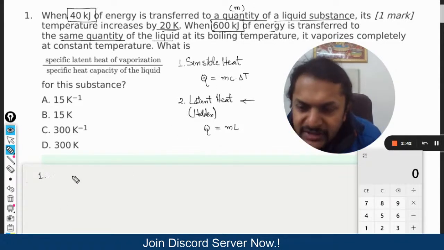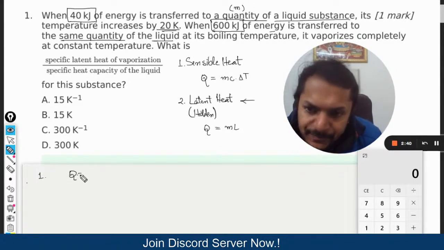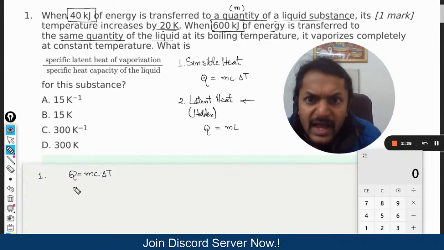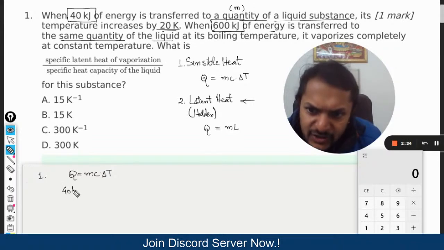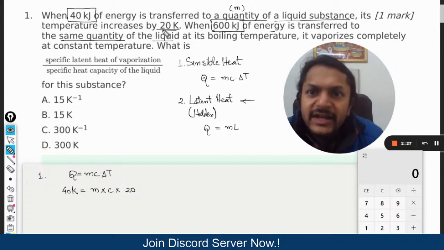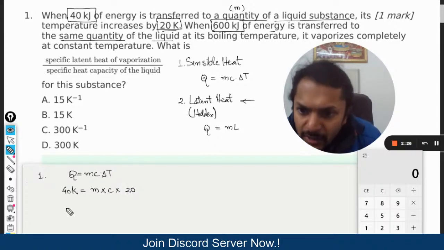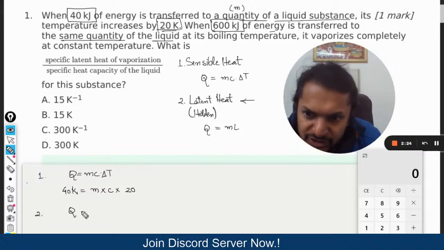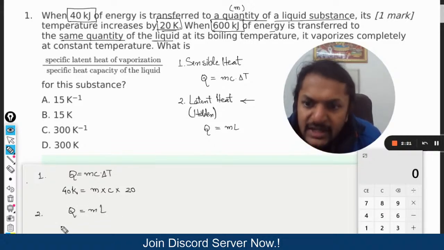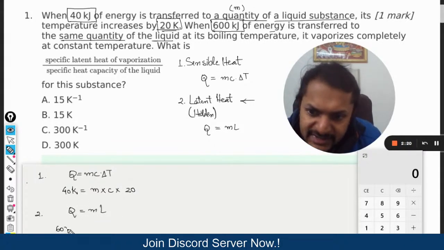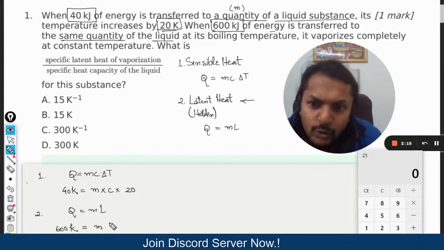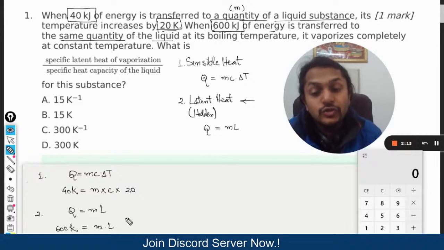So accordingly, the first equation becomes Q is equal to mc delta T, and this Q is given as 40K, m is not known, c is not known, and delta T is given as 20 Kelvin. Now in the second case, Q is equal to m into L, and the heat given is 600K, the mass is unknown, and the latent heat is also not known.